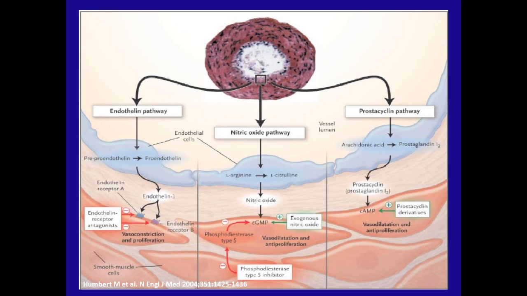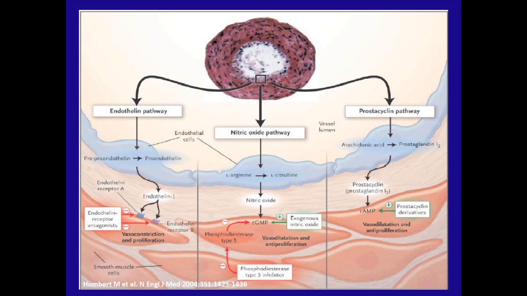So our treatments are really designed at blocking endothelin. These are drugs like bosentan and ambrisentan, and there's another one coming on the market soon, I think, that also blocks the endothelin pathway. We give drugs to try and increase the production of nitric oxide. These are our phosphodiesterase inhibitors, drugs like sildenafil and tadalafil, that are approved for therapy for PAH now.